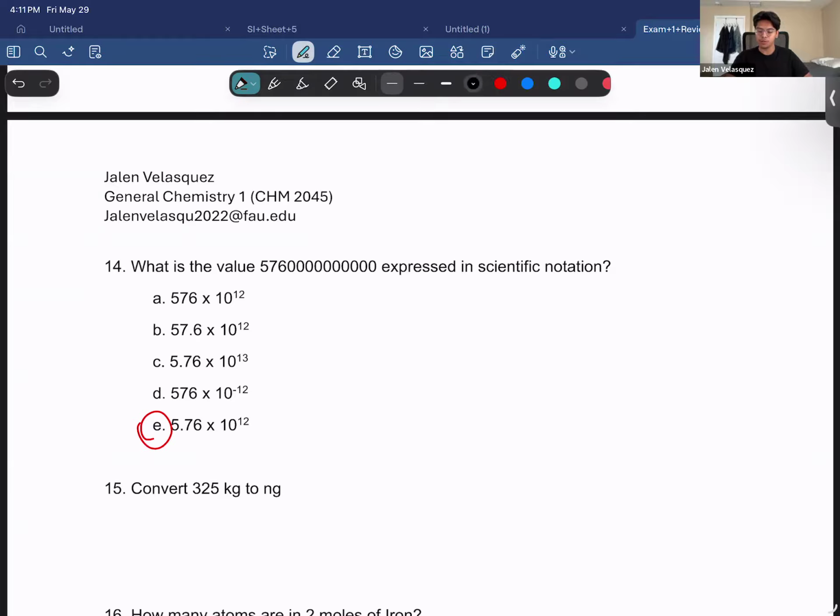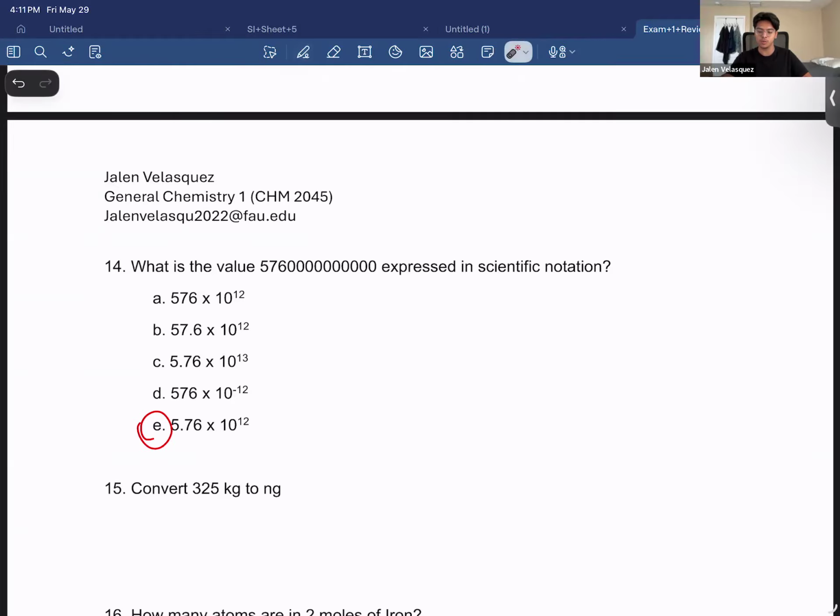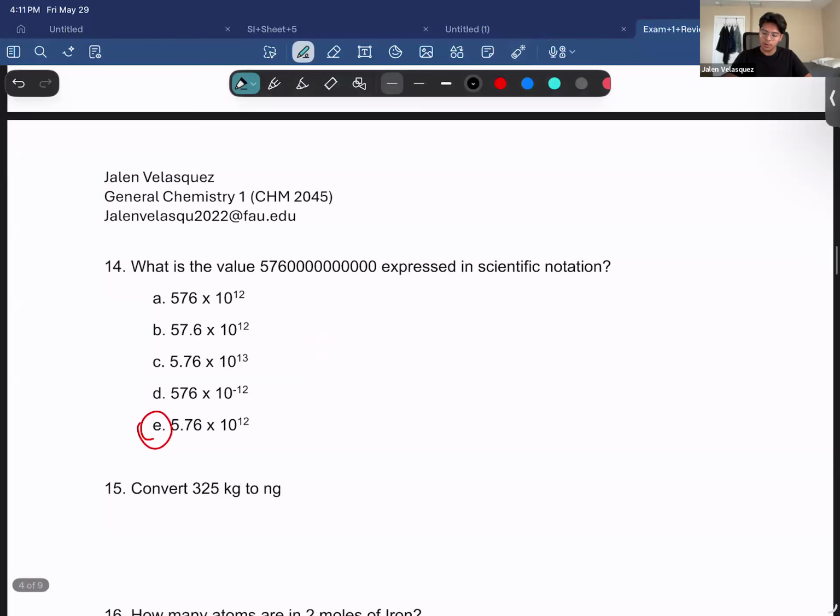So again, you just have to find where your decimal point is and then jump to see how many spaces it takes to get in between that first and second digit. I think just by looking at this number, we would all agree that this is a ginormously huge number. So the exponent should be positive, right? Our decimal point is here after that last zero. So we just jump to get between the 5 and the 7.